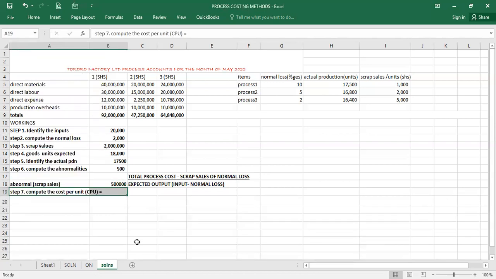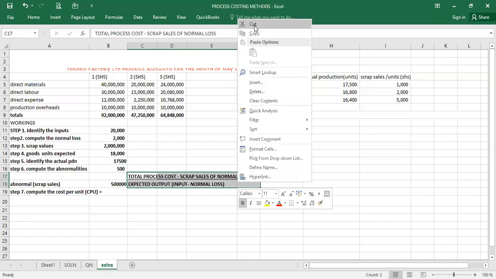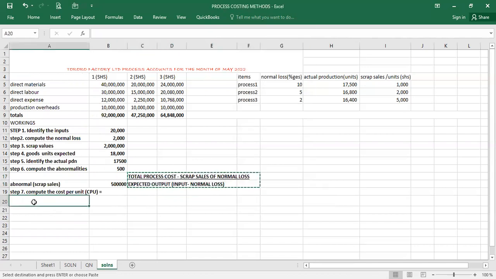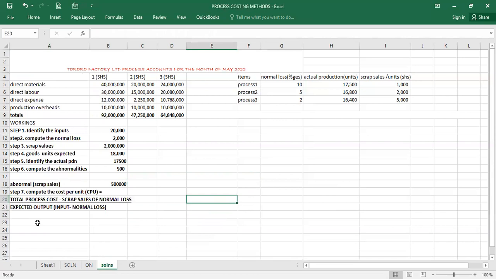Paste it there, and we make sure that the whole of it is pasted. We can also paste it here. That's how we determine the unit cost. We get it down. We said it will be this. Can get it from here.